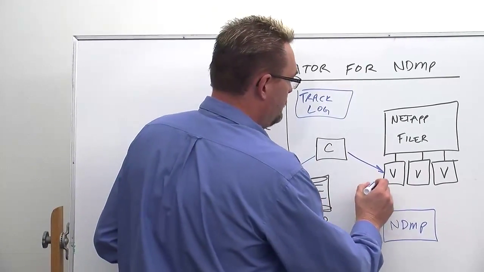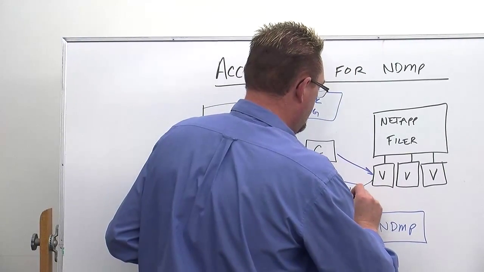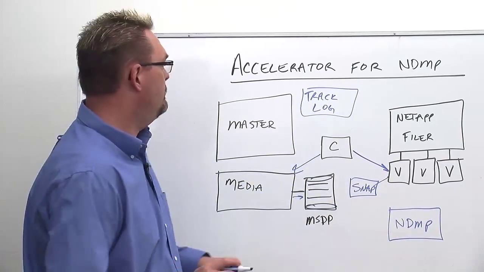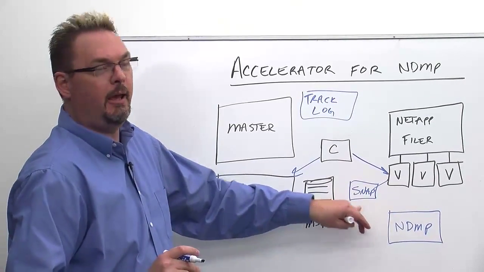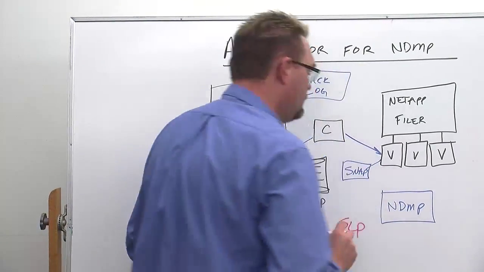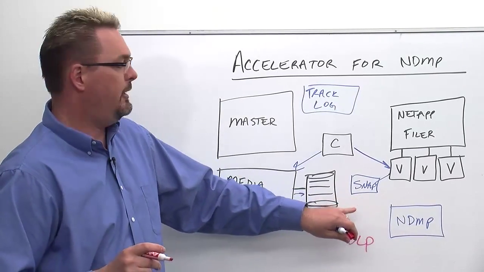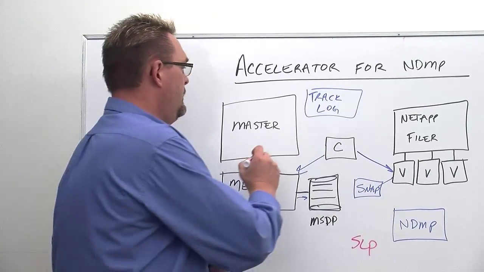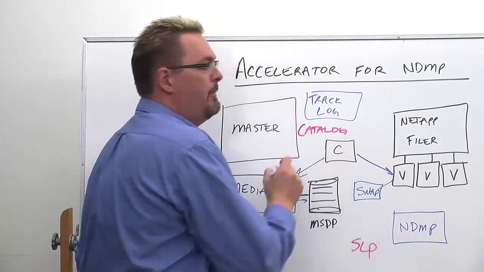What we're going to do is take the volume and snapshot it. Once we've snapshotted it, it's still going to be considered an NDMP volume. From a master server perspective, we are going to be able to take that snapshot, and by using an SLP, a storage lifecycle policy, take the information that's in the snapshot and run a process on it that gives us information and puts it into the catalog on the NetBackup master.